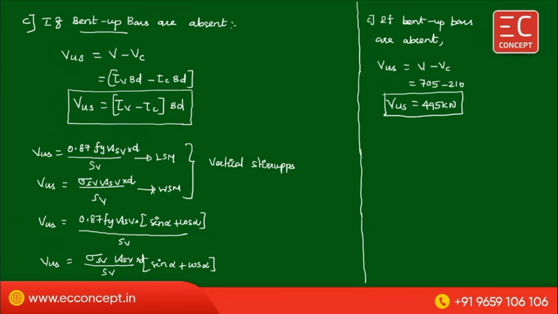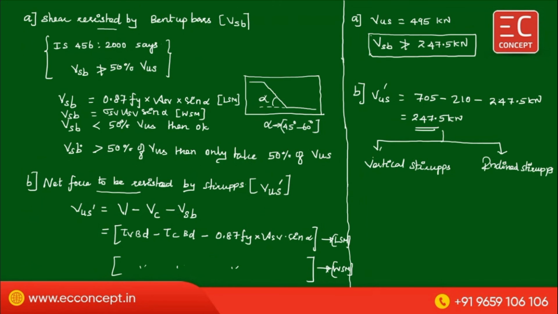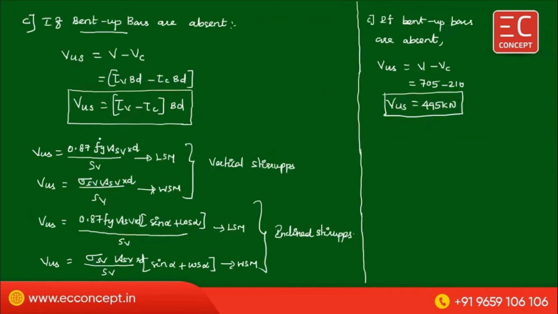This is for the limit state method, this is for the working stress method. These two are for inclined stirrups, and the VUS is 495 as per our example. Simply take it here. Understood?